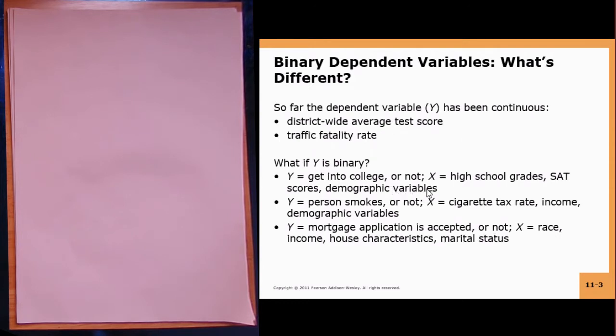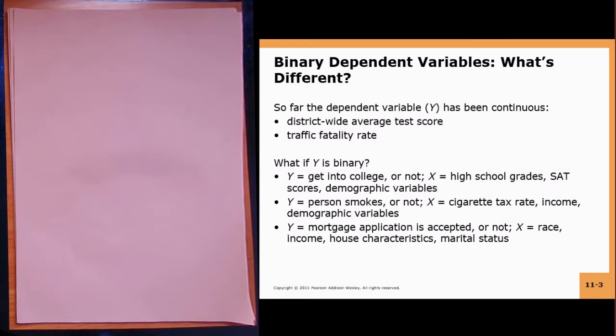So first we talk about what binary dependent variables are. So far, in all of the examples that we have used, the first example was in multiple regression, where we looked at district-wide average test scores in school districts.